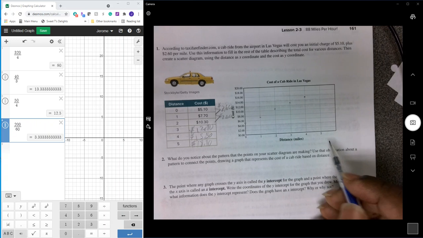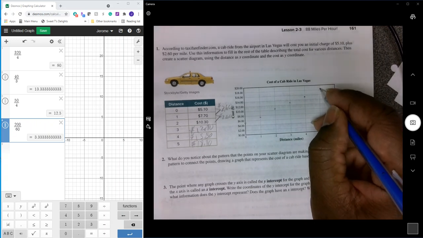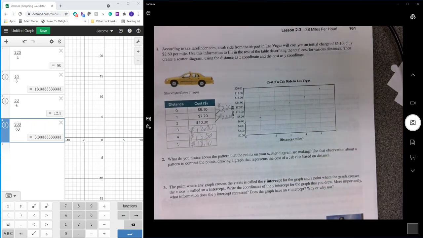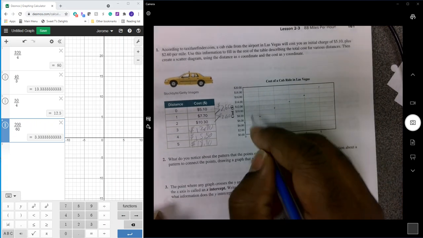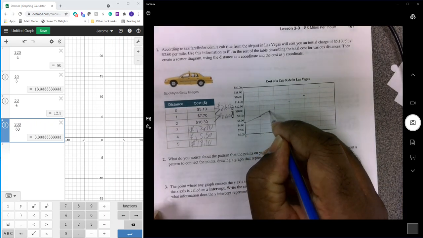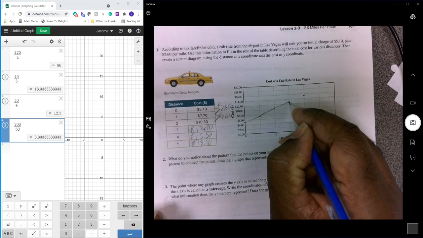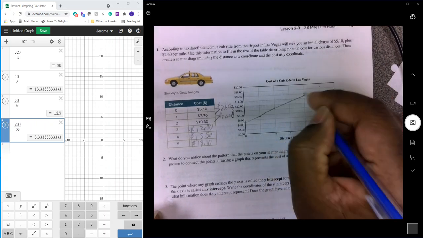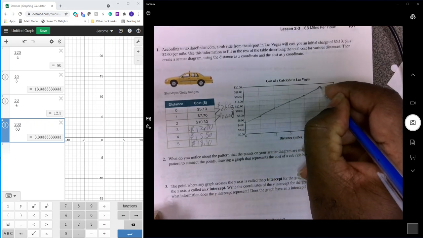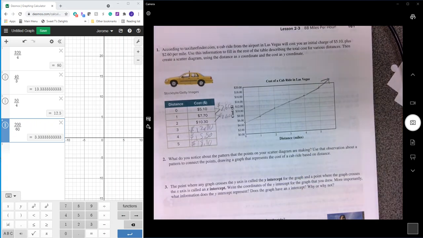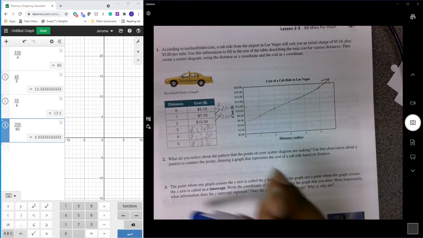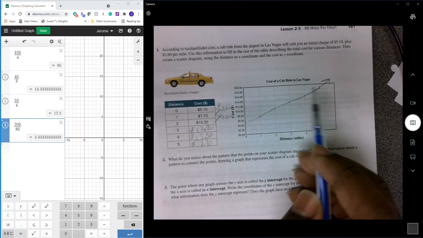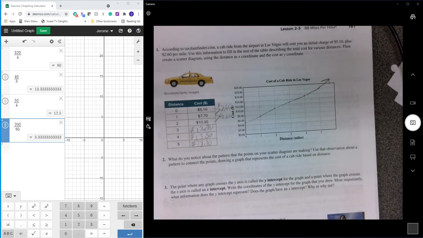And then 5 and 1810. Now, of course, I don't have a straight edge right now, so I'm going to connect these points as best I can. It should form a straight line. Mine is a little off, but you get the picture here. And you must put an arrow here to indicate that it goes on forever.